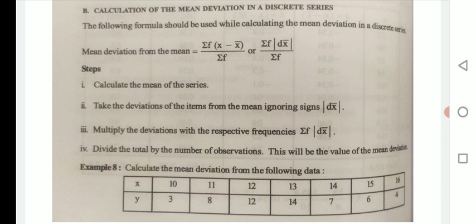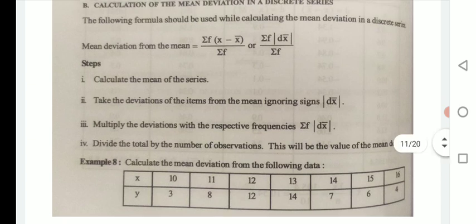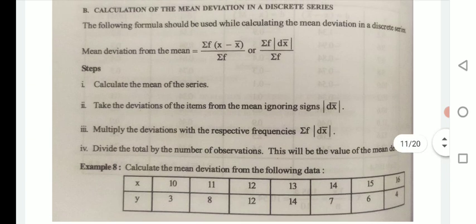So this is the formula for calculating mean deviation in a discrete series. First you have to calculate the mean of the series. Then in the next step, take the deviation of the items from the mean ignoring signs, third multiply the deviations by the frequencies, and last divide by the total number of observations. So this value will be the mean deviation. An example is given.